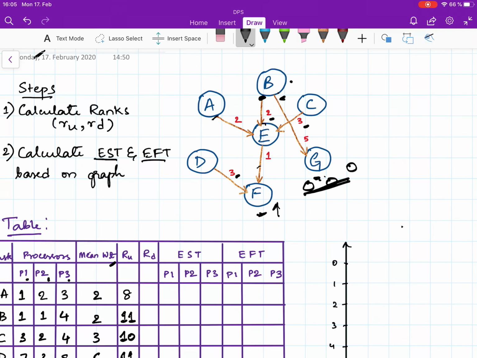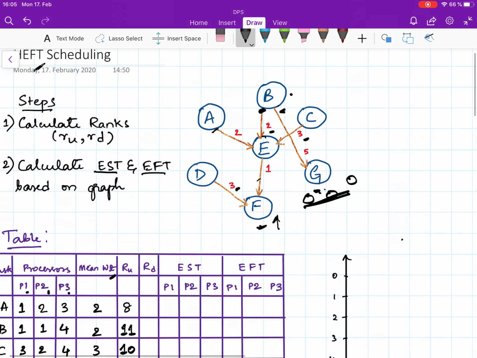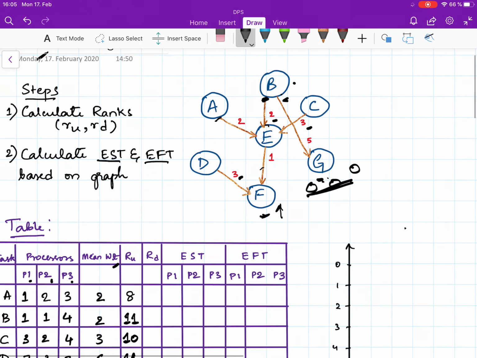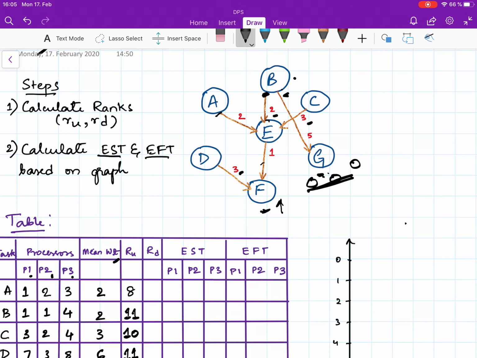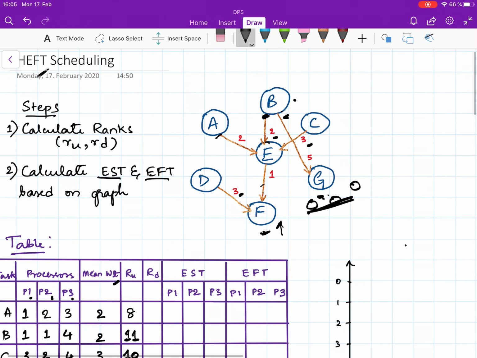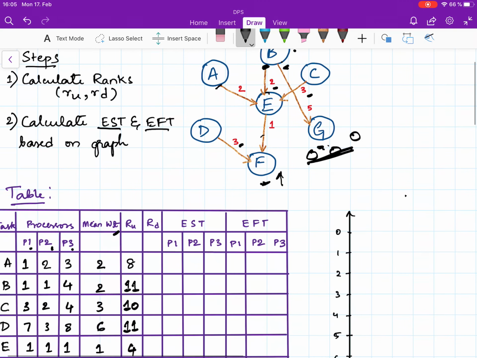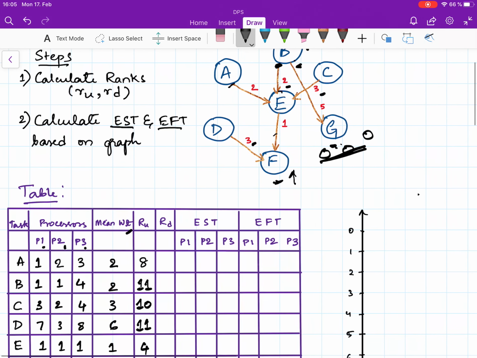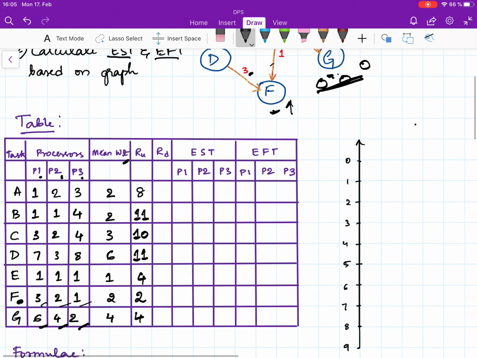So you do the same but vice versa for RD. That means you need to start from above. So for A, B, C, and D, there are no other tasks above these nodes. So the rank D would be 0 for all of these tasks. For A, B, C, D, you can just simply put 0 and we basically calculated the RD values.